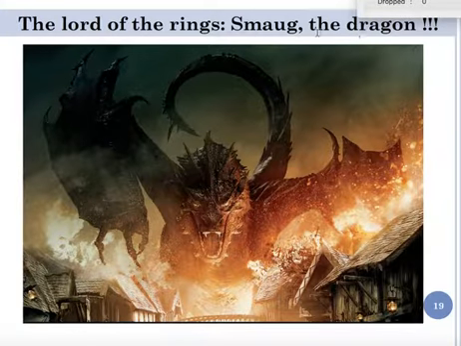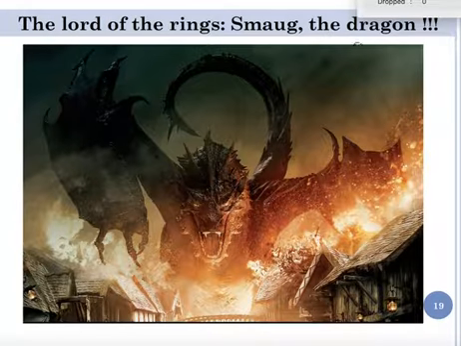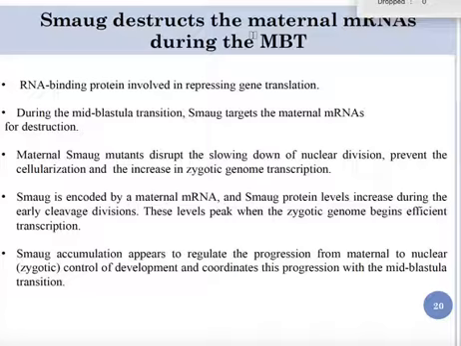That's why they called the messenger RNA binding protein, so this protein that will bind to the maternal messenger RNAs, Smaug. Just to make the story a bit funny, because I mentioned that in Drosophila they always call the genes according to the mutant phenotype. So here Smaug will destroy all the messenger RNAs during the MBT.